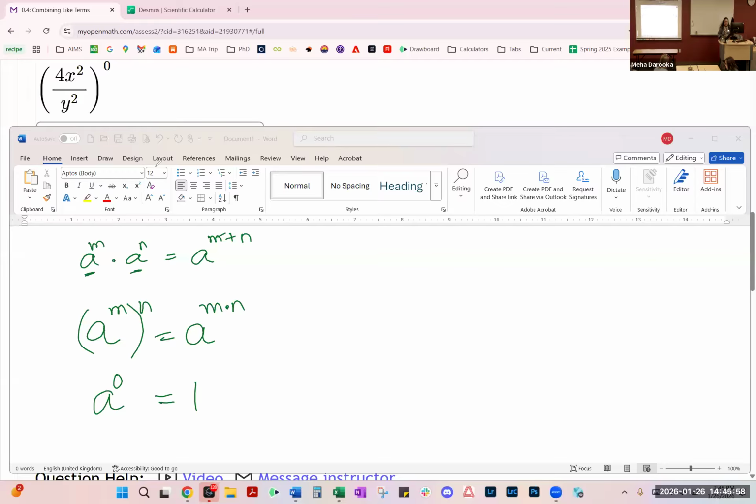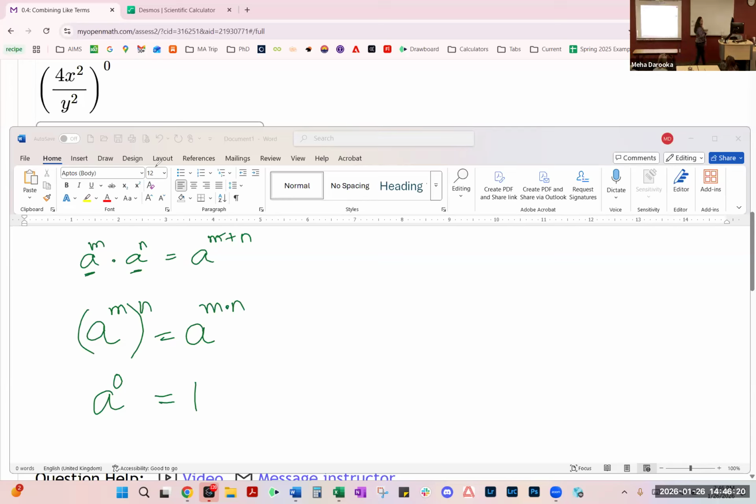zero exponent rule. Now, here's the crucial thing you have to make sure you understand. The entire fraction is inside the parentheses, right? And then the zero outside, which means that zero exponent is applying to everything that is inside the parentheses. So technically your base A is going to be that fraction 4x squared over y squared.